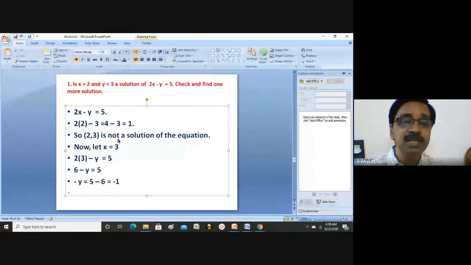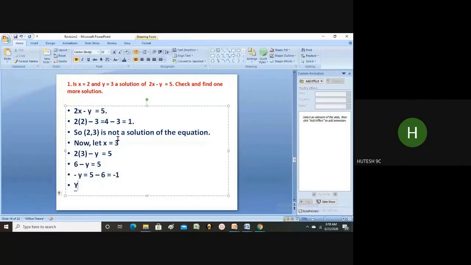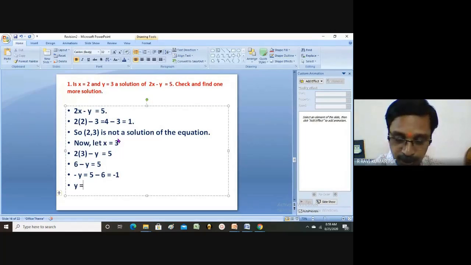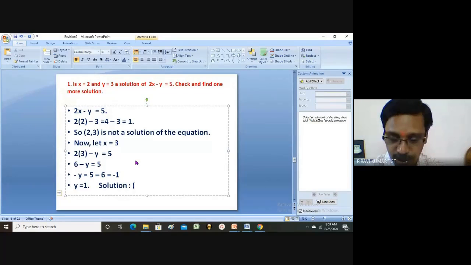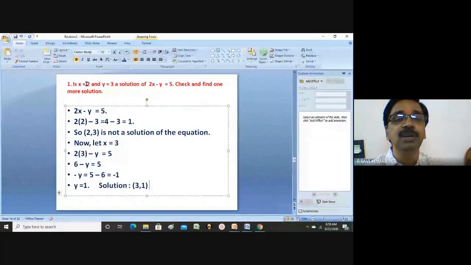Minus y equal to minus 1, so y equal to 1. You have to remember this. So what is one of the solutions here? One solution I am finding is (3, 1). So (3, 1) is a solution. (2, 3) cannot be a solution here. Alright? Did you understand how to do it?